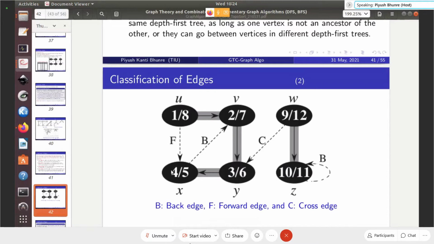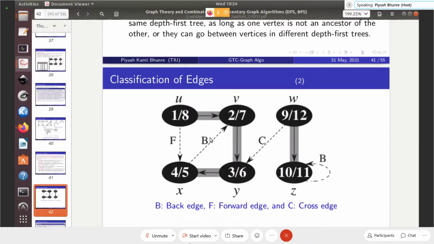So it backtracks and comes back to u, and again looks at all other remaining adjacent vertices of u. There is an edge from u to x, but x is already discovered, so we do not go through. Such edges are called forward edges. So any edge from an ancestor to a descendant is called a forward edge.